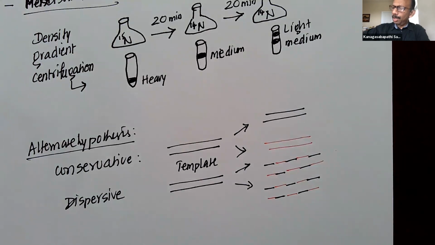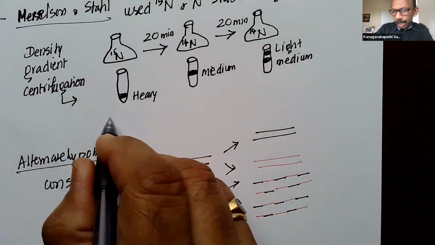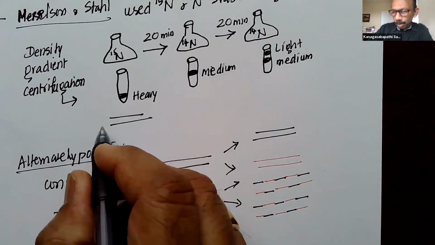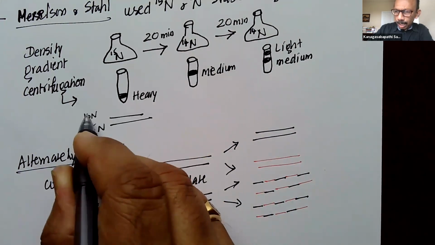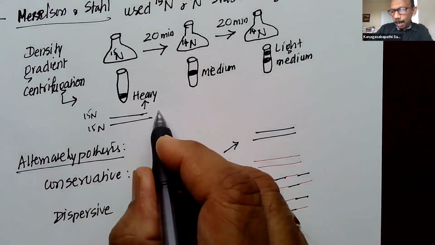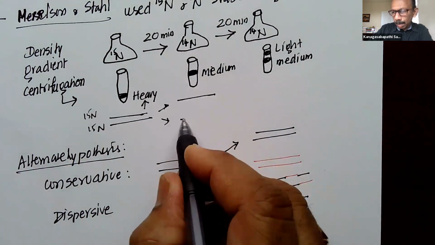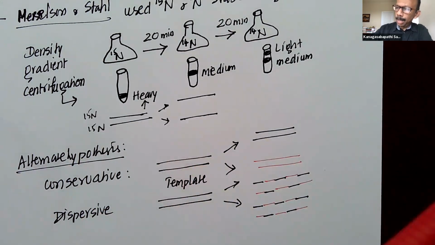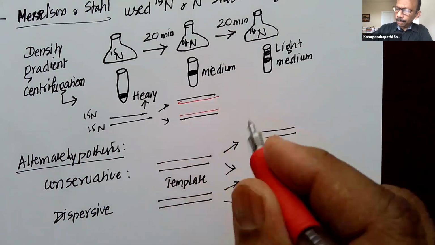So this experiment proved that when they start with N15 and N15, so this is both N15 and N15, that is what makes this heavy. It separates into the template, and when it separates, it has a combination of N15 and N14.